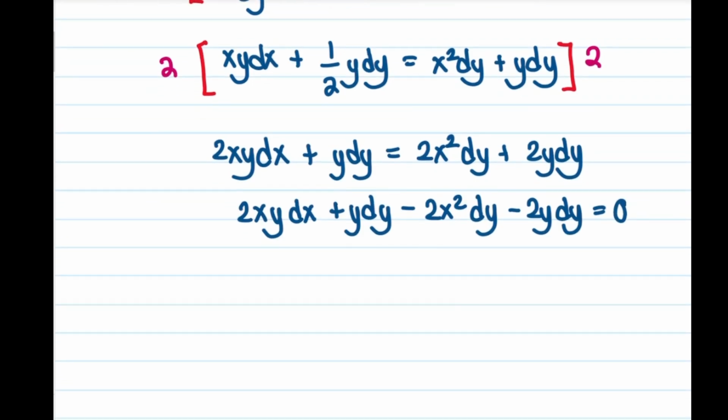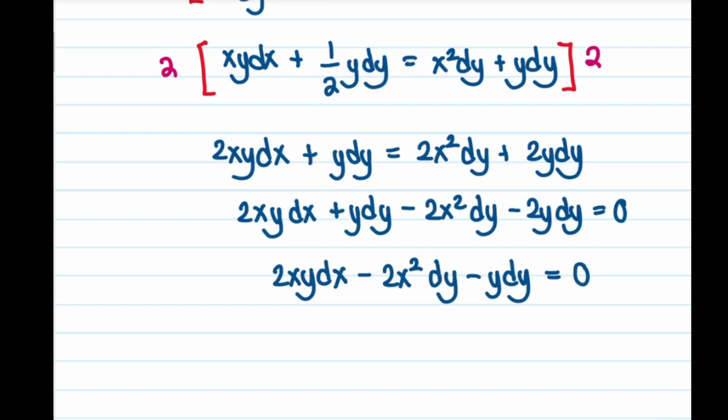Simplifying like terms, this one and this one will yield 2xy dx minus 2x squared dy minus y dy equals 0.